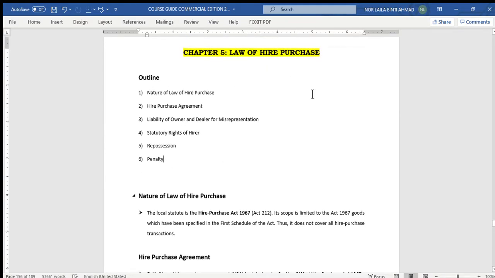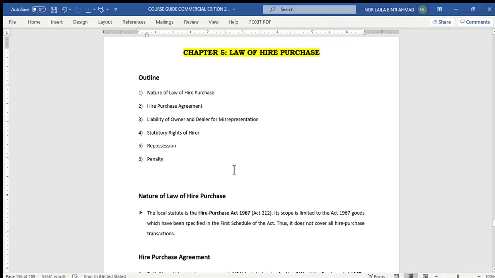Okay, so the lesson plan for today's lecture is: at the end of the lesson today, students are able to explain the introduction of hire purchase, followed by the formalities of hire purchase agreement, okay, including the requirements, the elements that must be fulfilled in order to form a valid hire purchase agreement.